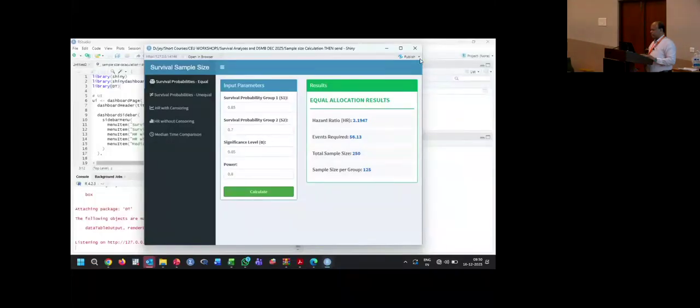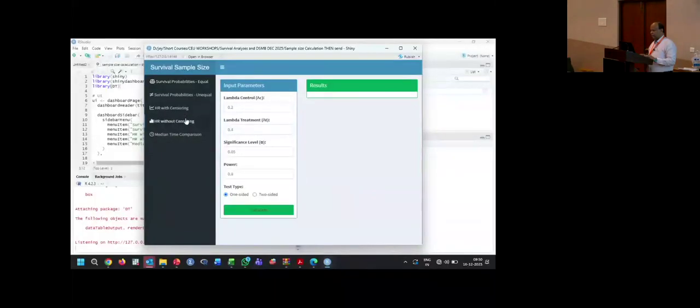Okay. Then I'll go into survival probabilities. You have unequal distributions between the groups. Sometimes you may not get more controls, or more cases, and so on. This is HR with censoring, HR without censoring, median. So, for example, let me say the hazard ratio is 0.2 and this is 0.4.